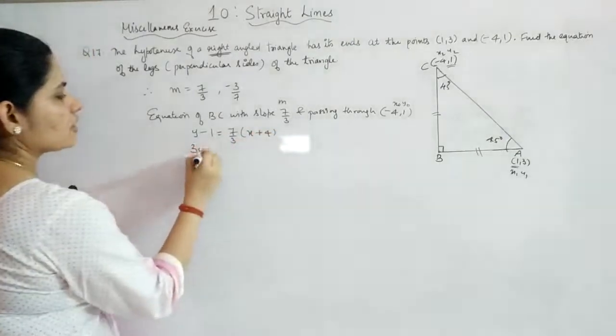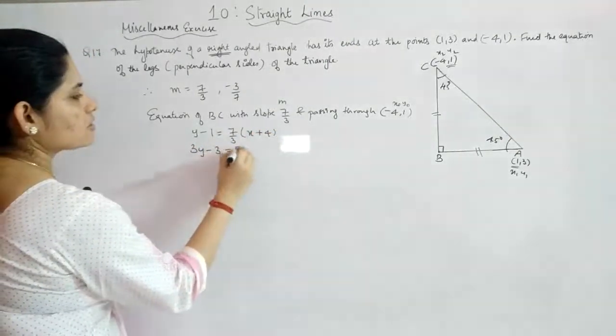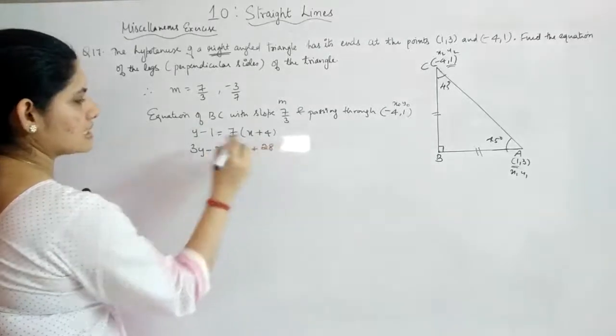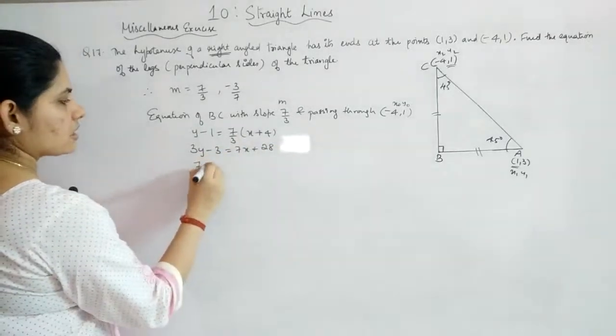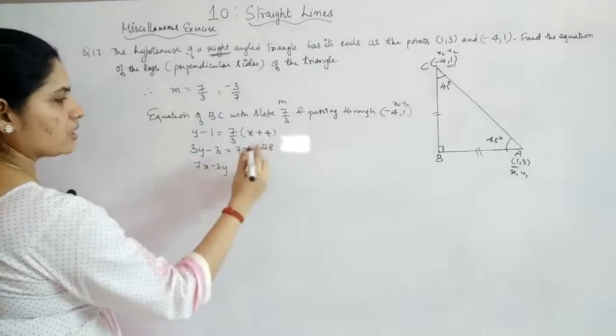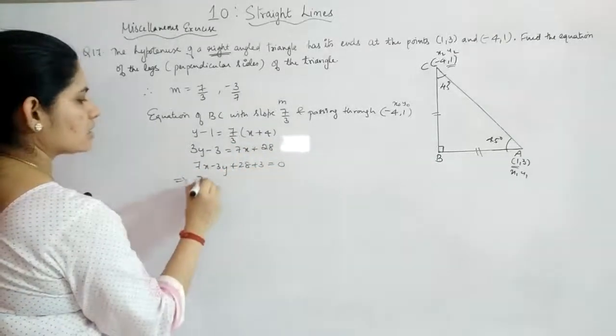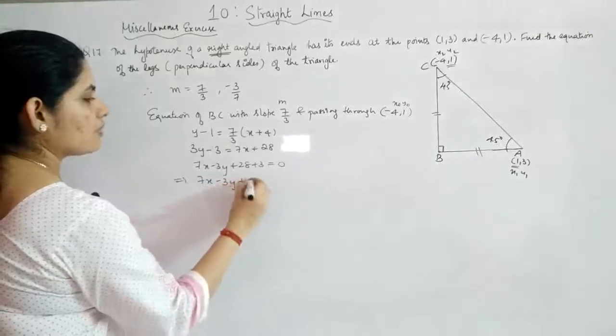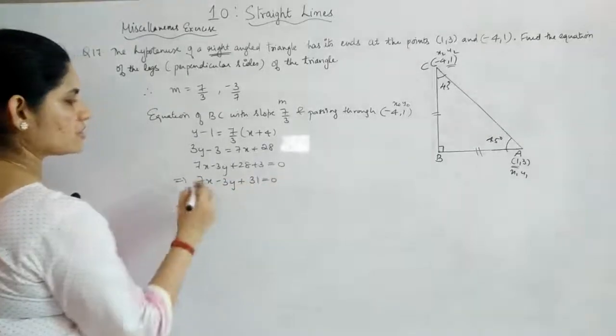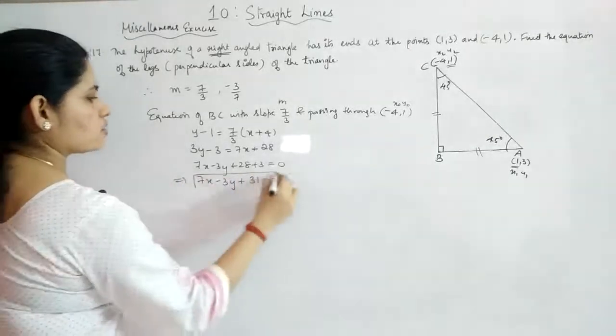So you get 3y minus 3 is equal to 7x plus 28, or 7x minus 3y, so this is going there, 28 plus 3 equal to 0, that is 7x minus 3y plus 31 equal to 0. This is one equation.